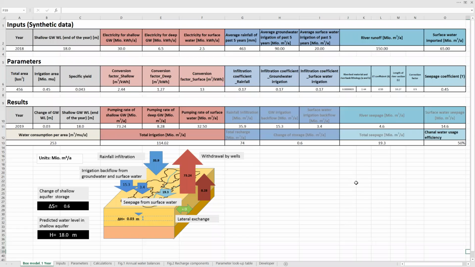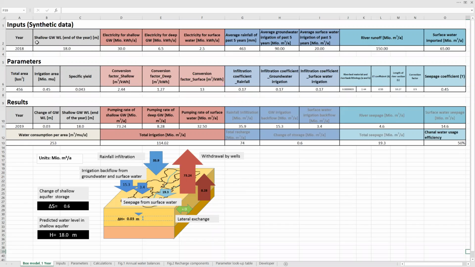Now you look at the Excel version of the box model. This is the 1 year box. It is the first function of this model, and this 1 year box gives the simulation of the water level of 1 year.